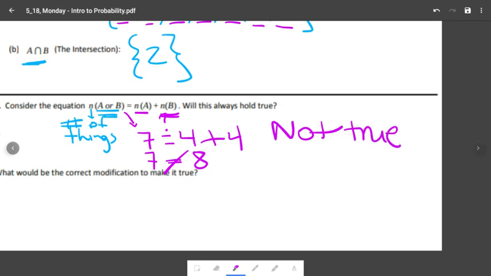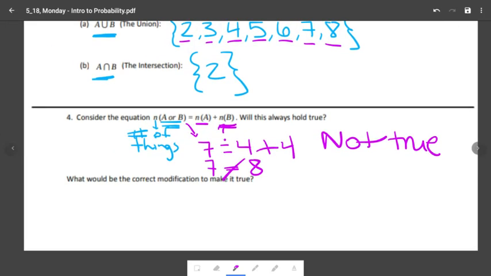And why is that not true? Why did that not come out right? If union just means I'm taking everything and putting it together, why couldn't I just add the number of things in each one separately to figure out how many things would be in the union? Well, the issue was the number 2.